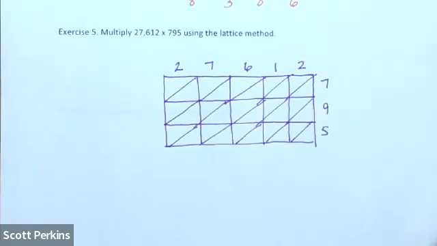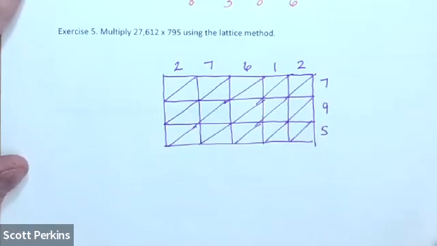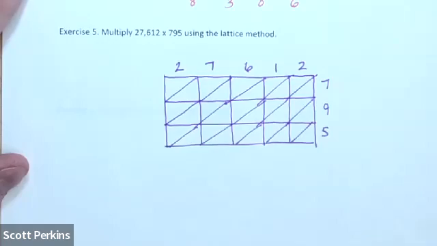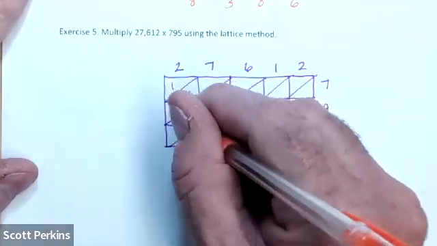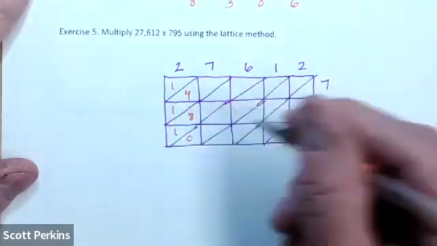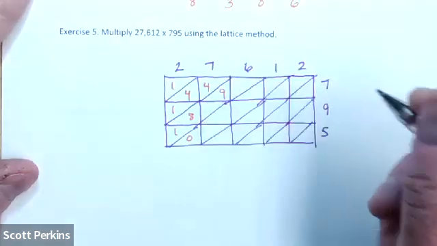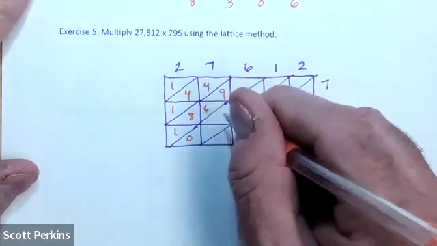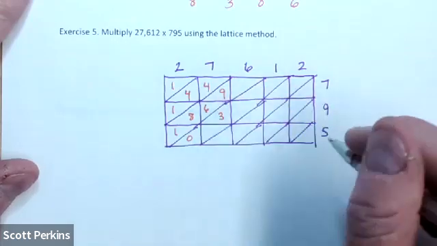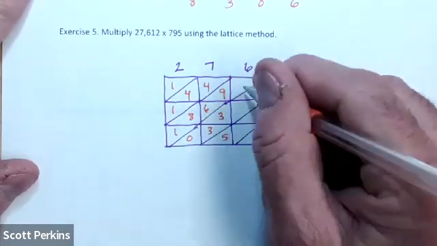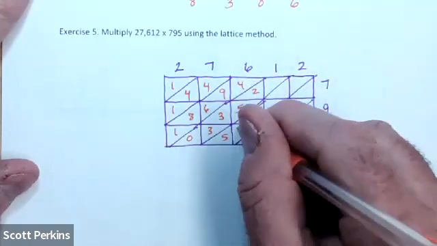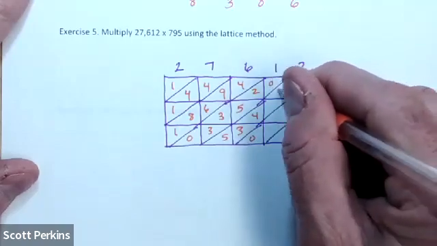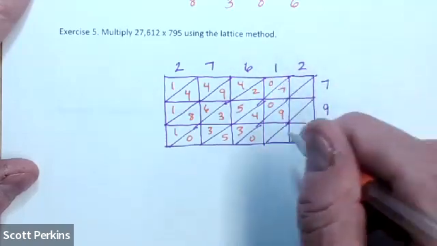All right, so I've got a lattice here. I've got 5 columns because of 27,612. I've got 3 rows because of the 795. So filling in the blanks, 2 times 7 is 14. 2 times 9 is 18. 2 times 5 is 10. 7 times 7 is 49. 7 times 9 is 63. 7 times 5 is 35. 6 times 7 is 42. 6 times 9 is 54, and 6 times 5 is 30. 1 times 7 is 7, 1 times 9 is 9, 1 times 5 is 5.